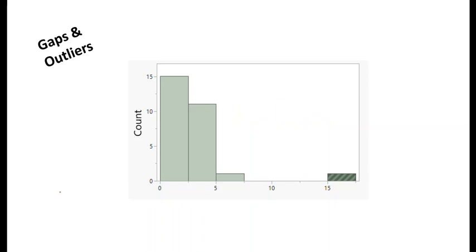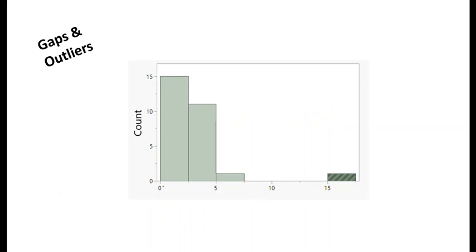Okay. Also, when it comes to understanding the distribution of the different variables, we need to pay attention to some unusual features, mainly represented through gaps and outliers. So let's take a look at each. Here in this distribution, we clearly can see that there are certain gaps, right?